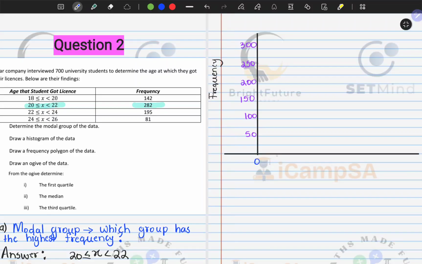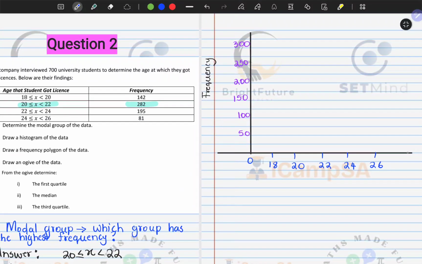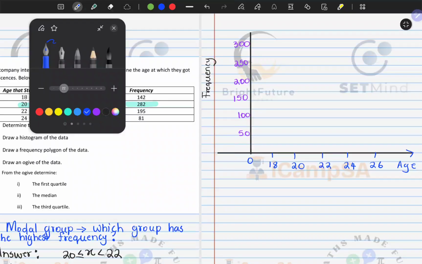Well, let's start off with 0. Then what I'm going to have is 18, and then 20, then 22, then 24, and then lastly 26. Okay, so if you observe carefully, that is age. Okay, and that is frequency.